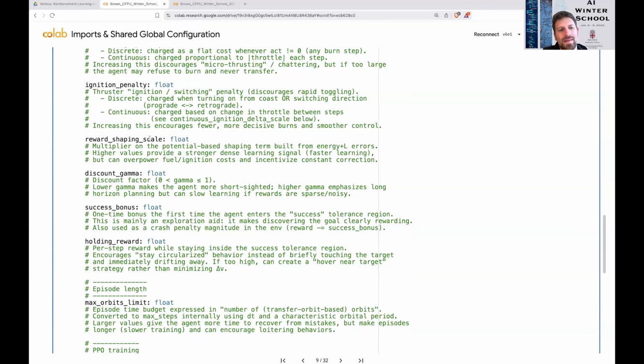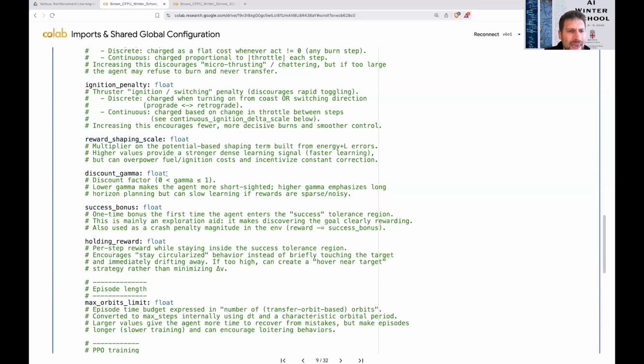This is a float which is just a multiplier on how much we count the penalty due to the errors in energy and angular momentum. As you remember, we're trying to minimize the error in energy and minimize the error in angular momentum, so that we get to the right orbit.